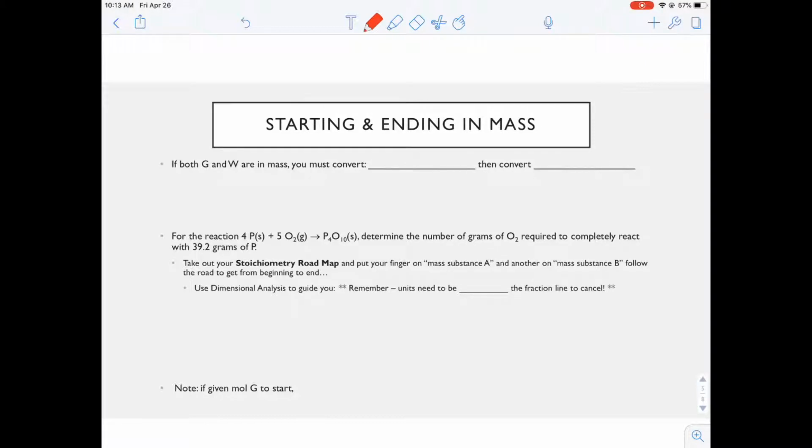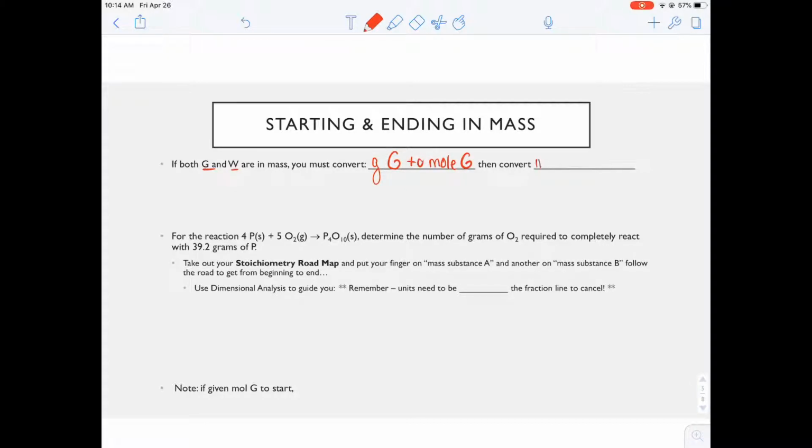Okay, so in this case, both the given and the wanted are in mass. First, we need to convert grams of our given to moles of the given, because it's got to be in moles to get to the different substance.